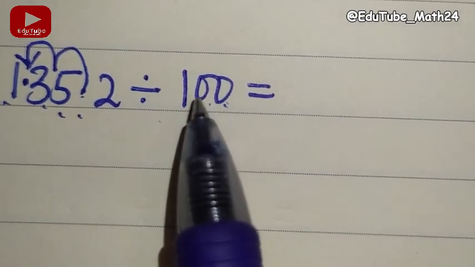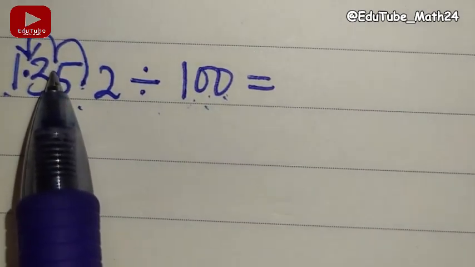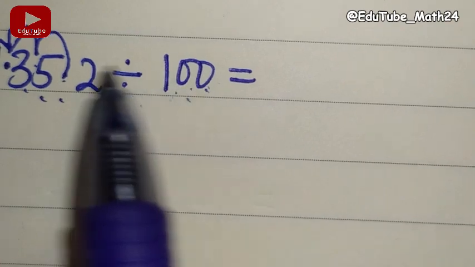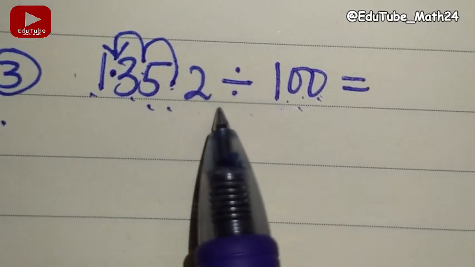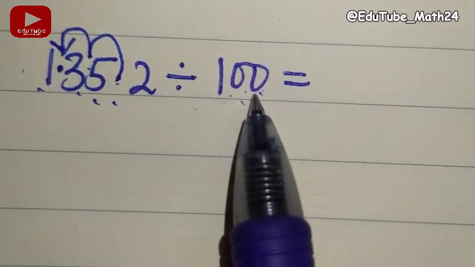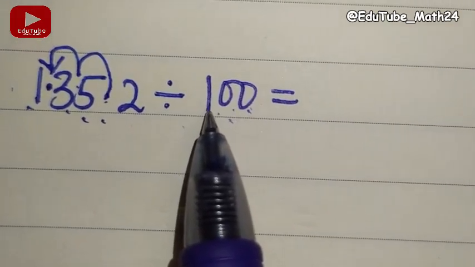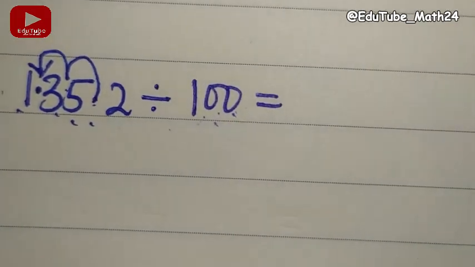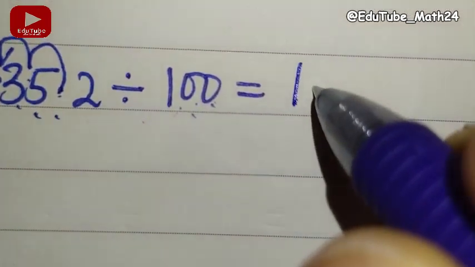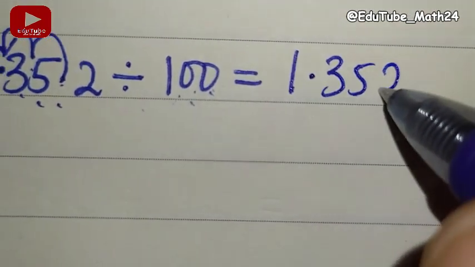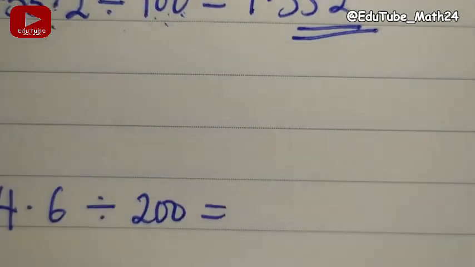If you have 1 zero, we are going to move the point 1 place to the left. So if you have 3 zeros, you are going to move the point 3 places to the left. So that's how you divide a decimal number by multiples of 10 when the first digit is 1. So now dividing this by 100, our new number is now 1.352. As simple as that.